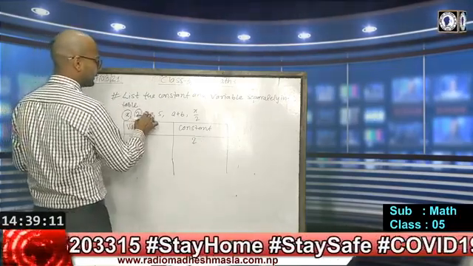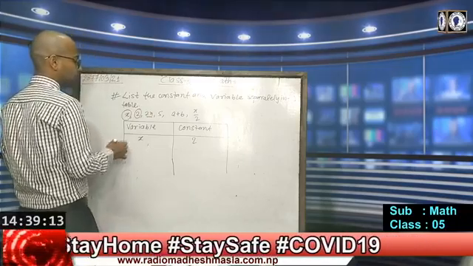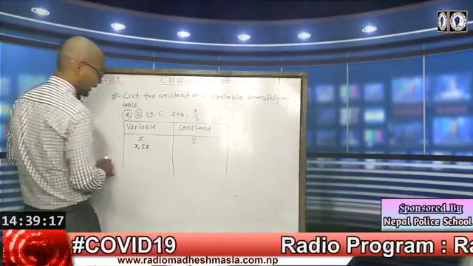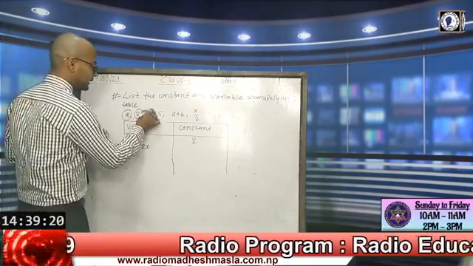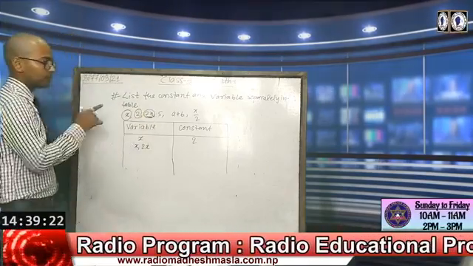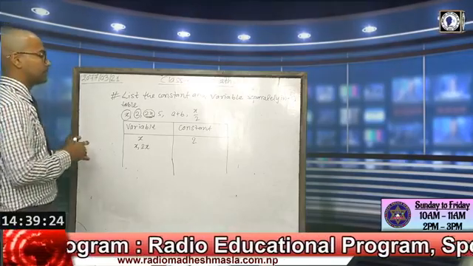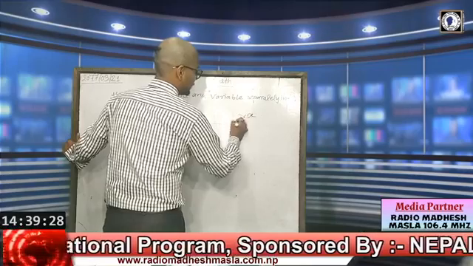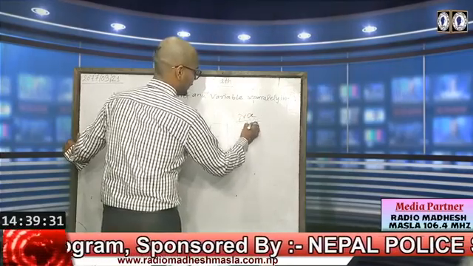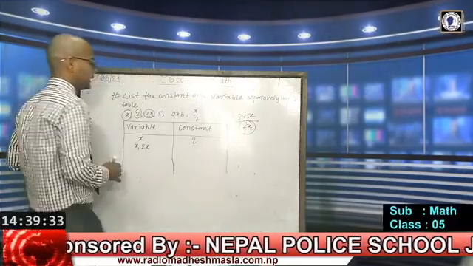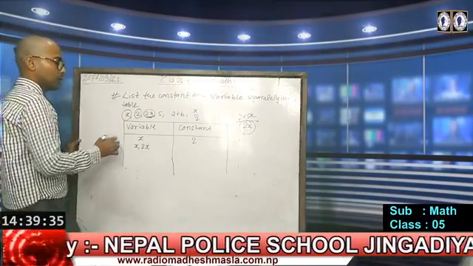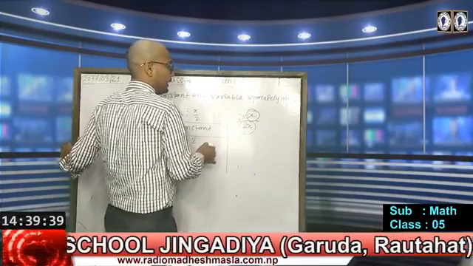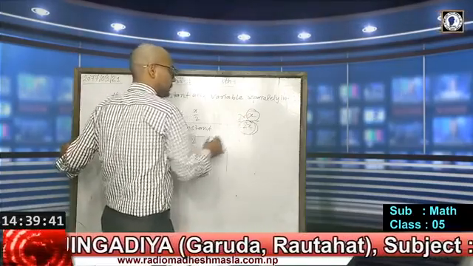Then we have the third term, 2x, which is given as a multiplication form of 2 and x. When 2 and x are multiplied by each other, we get 2x. While separating, x is a variable, and after multiplying, 2x is also a variable.